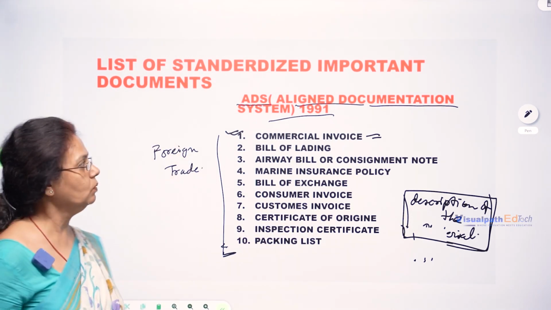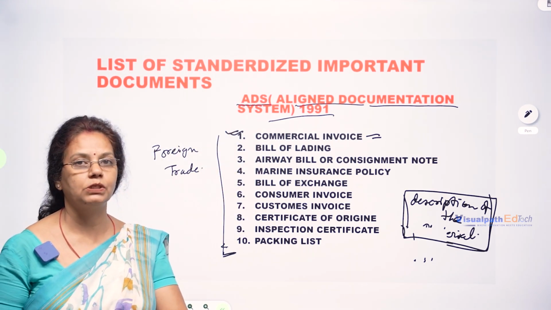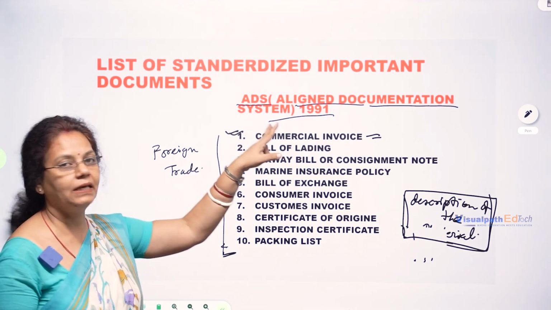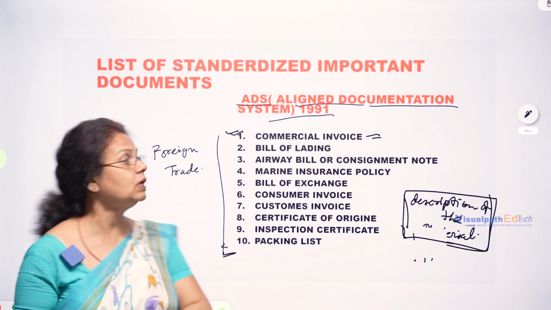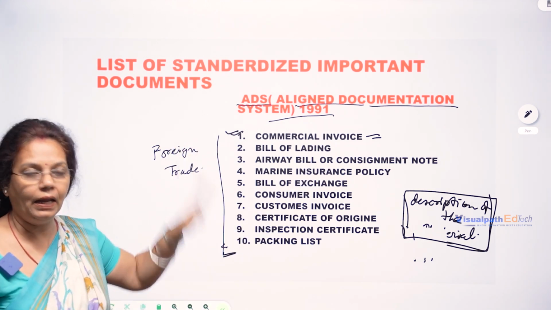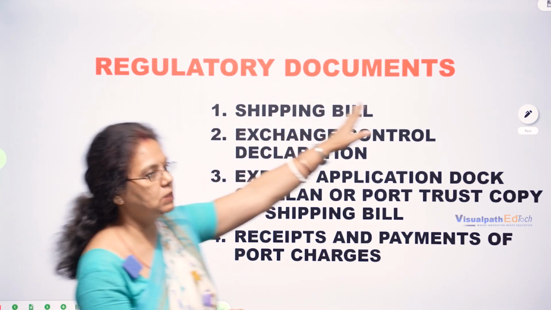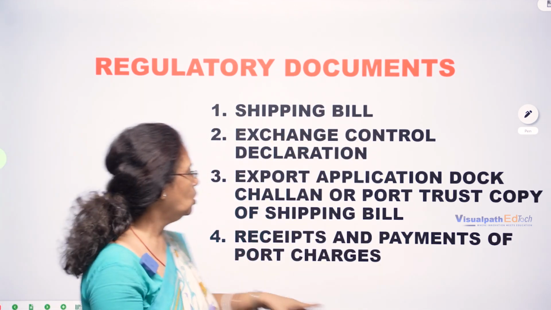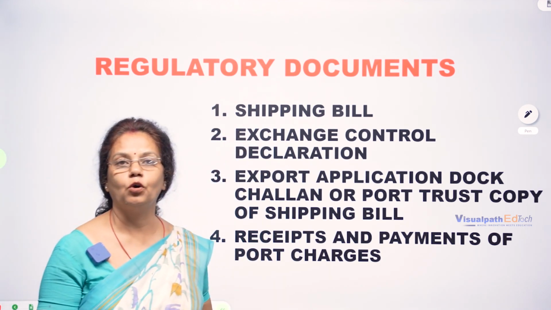When we talk about documentation, there are mostly two types. One is standardized documentation, the list of important standardized documentation, and another is regulatory documentation.